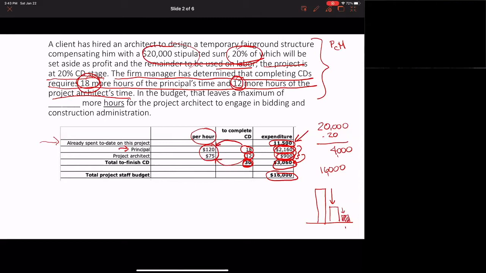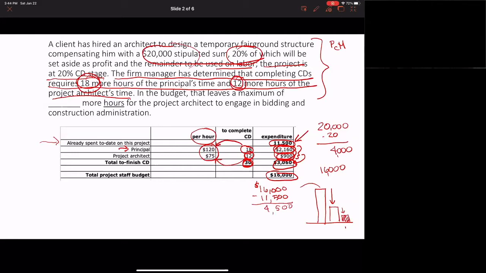All right, so we're going to take this 16,000. That's how much money we have to spend on labor. And we're going to subtract what we already spent before we got to 20% CDs, before we got to today, $11,500. And that's going to give us $4,500.